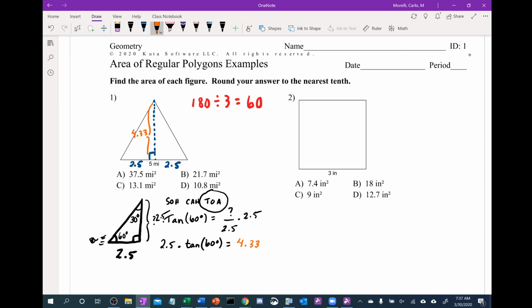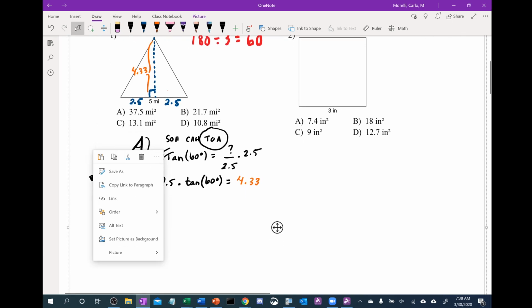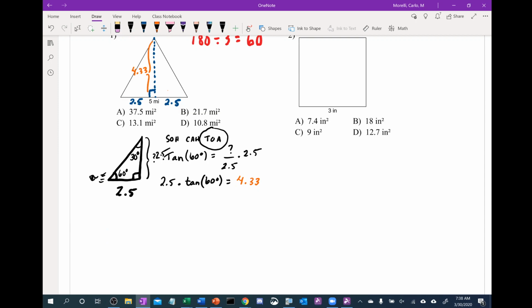I could do 2.5 times 4.33 divided by 2. And then I could multiply that by 2 to get the area of this whole triangle.